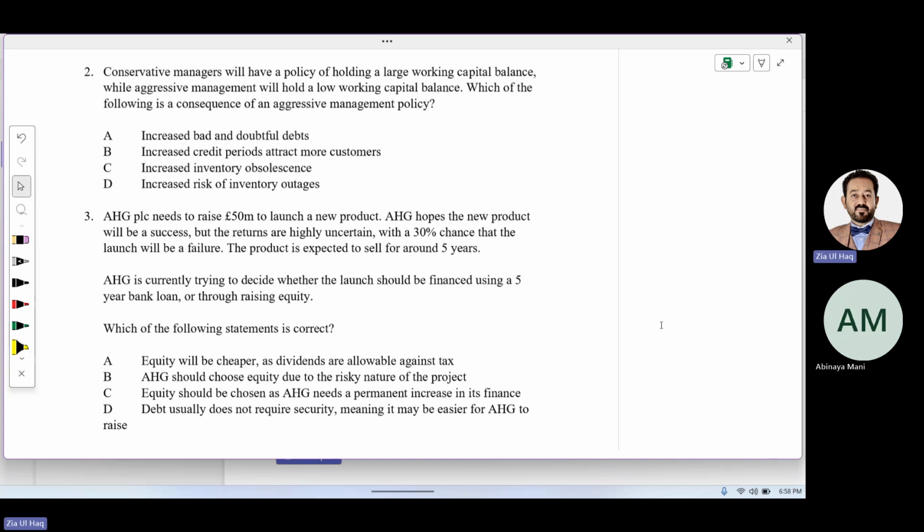We can meet obligations. Aggressive managers will hold less. We will manage. We don't need to try.